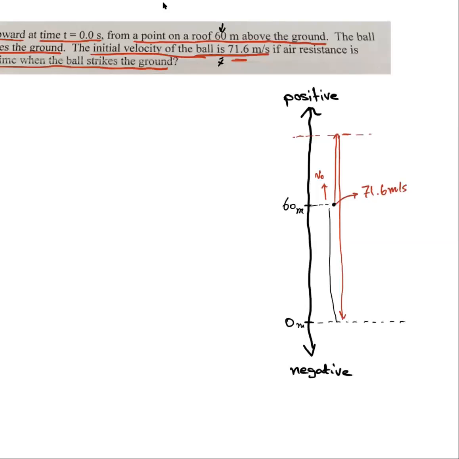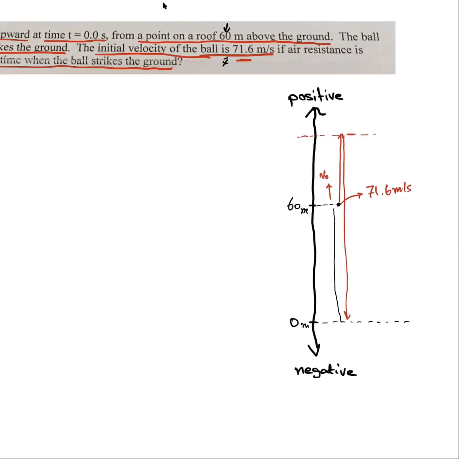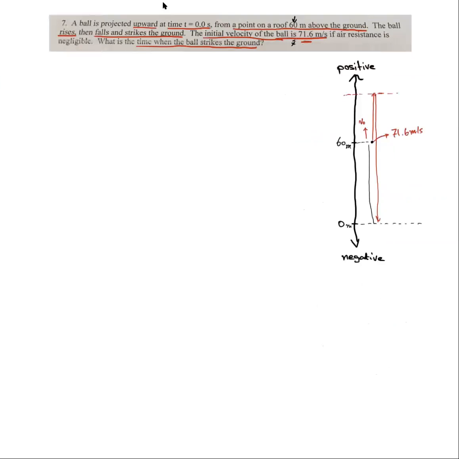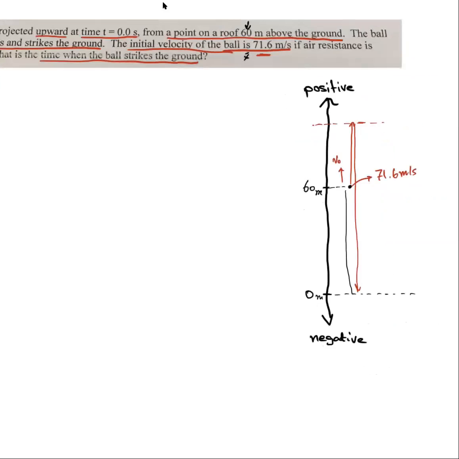Then, let's look and see if we're missing any other information from the problem. And it looks like this is all the information we have so far. So this is all the information that we can put on the graph. Again, we only know initial velocity.